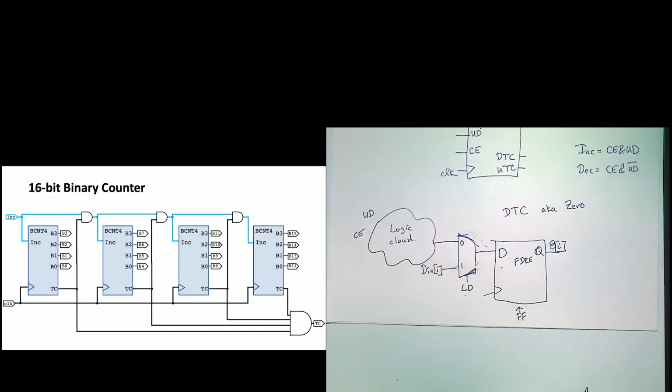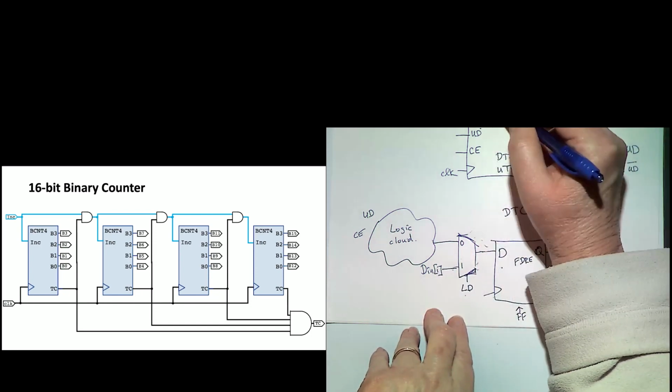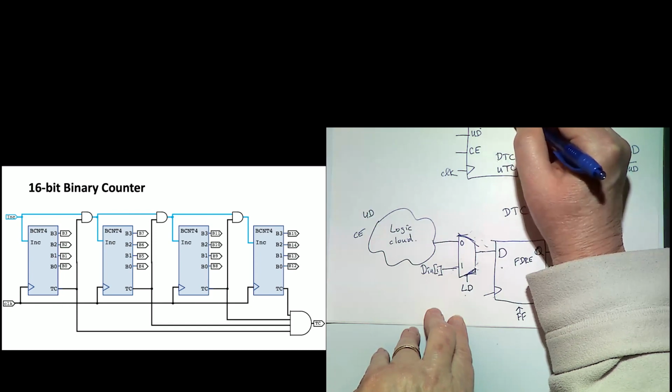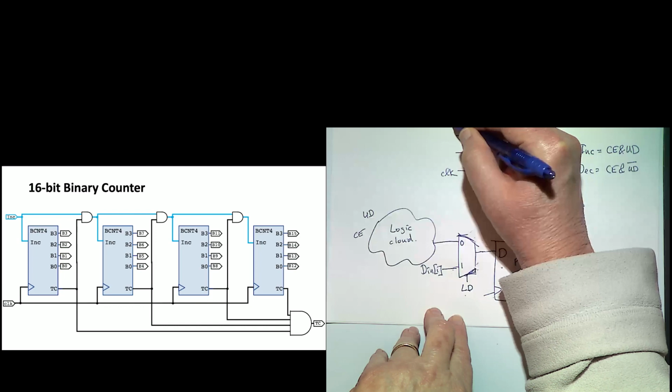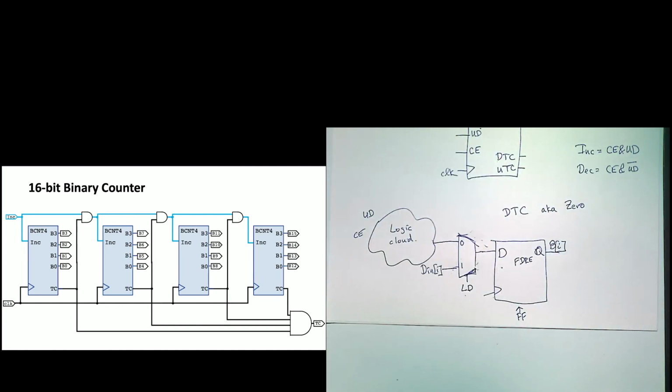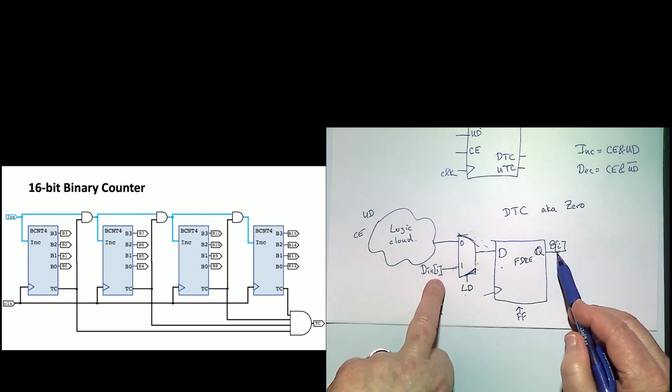So the one input for the multiplexer, okay, so your 5-bit counter will actually have a 5-bit value to load, right? I'm only showing you 1 bit here.